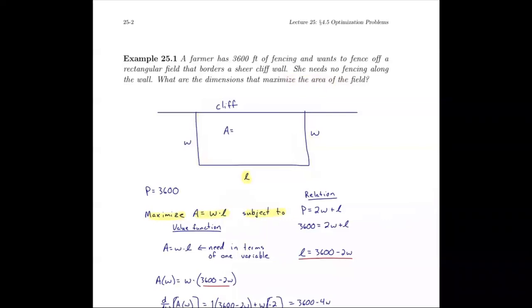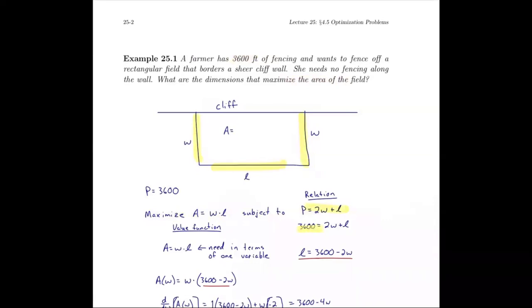Well, we already know the function right now. It's this one. We want to maximize the area. We have a constraint though. We only have so much fencing. She has 3,600 feet. We want to use all of it to maximize this area, right? So the perimeter of this fence needs to be 3,600. Well, that means 2 W's plus 1 L will give us the total perimeter and the total amount of fence that we'll use to do this.